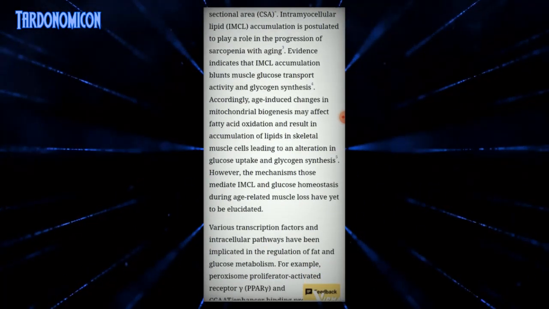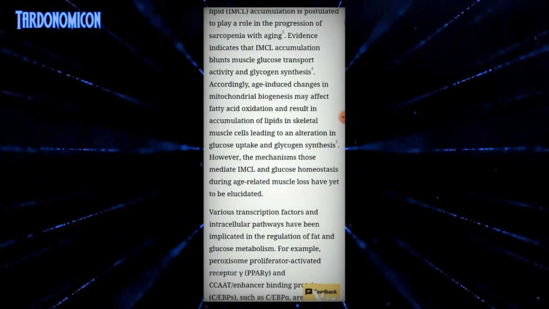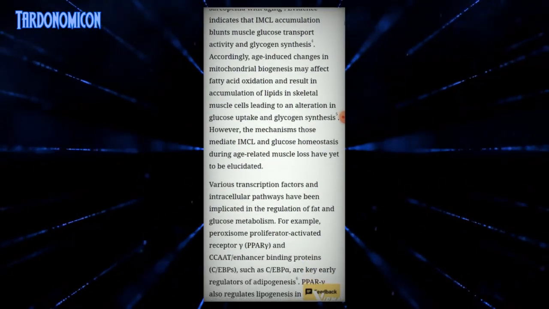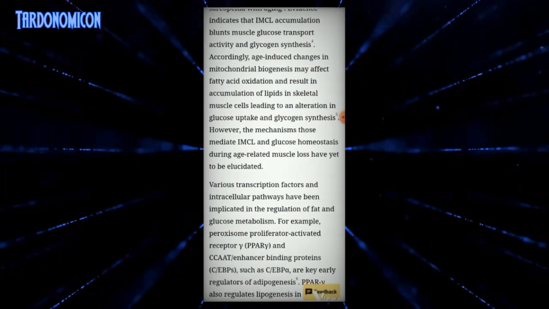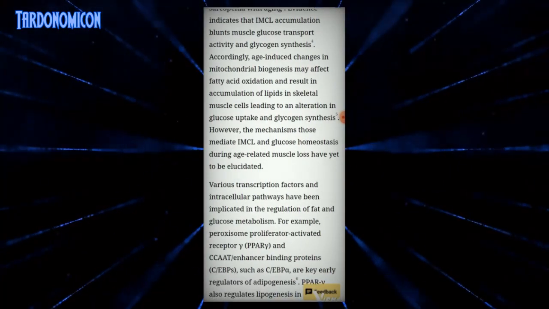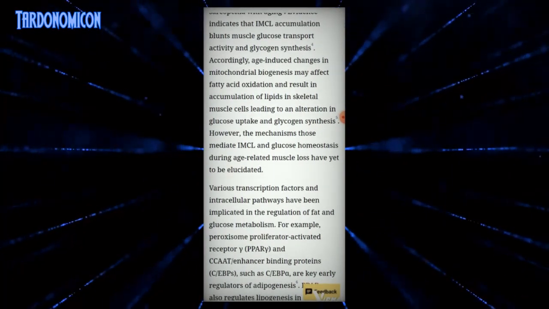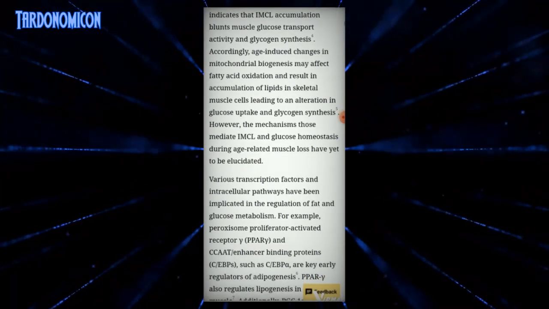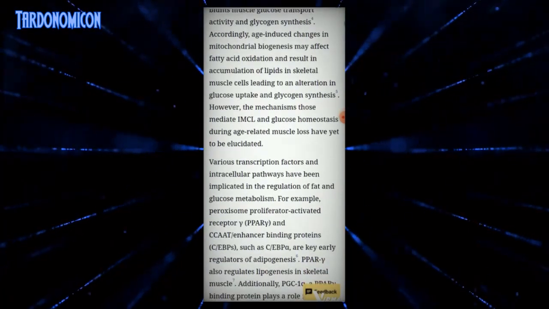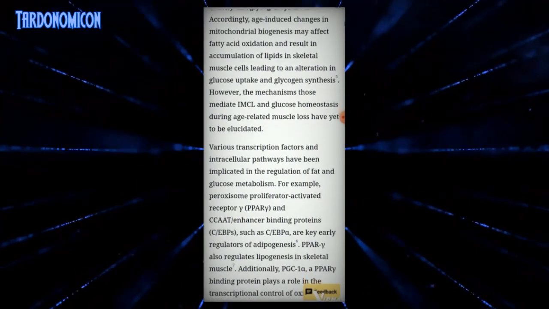So they're atrophying in a way. Okay, so age-induced changes in mitochondrial biogenesis, meaning you're not making the mitochondria you used to, may affect fatty acid oxidation and result in accumulation of lipids in the skeletal muscles.